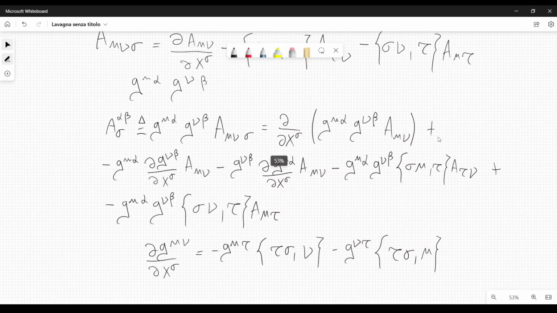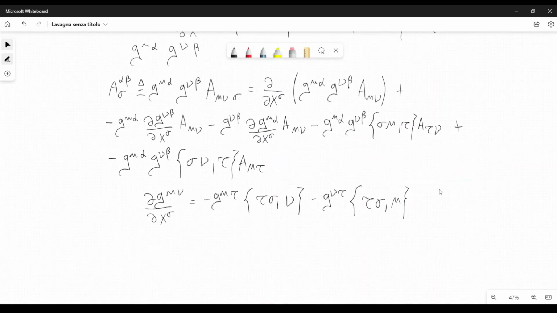And we are going to use this for these terms. So I'm going to substitute that expression here for these terms. Of course, I have to take care of the indices because the indices in this formula are different, but it can be done. It's easy to do that.